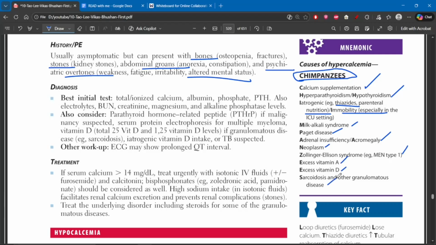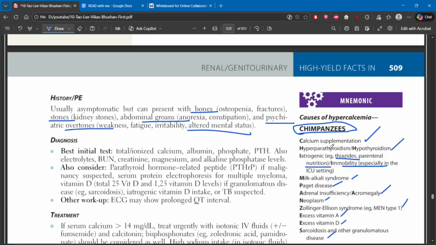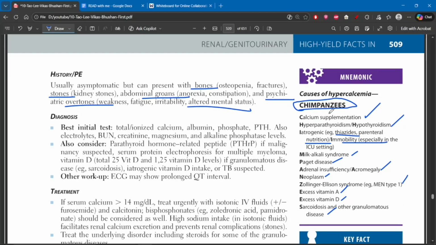other granulomatous disease. So I'm going to explain all of these so that for each etiology, you must know the mechanism through which it is causing the hypercalcemia. Mostly, this is pathology, not really medicine related, but it is important for you to understand. Also, after explaining these etiologies, I will also explain the presenting features of the condition.